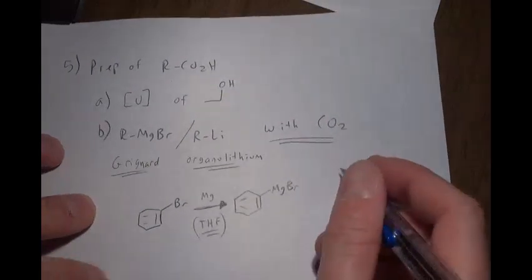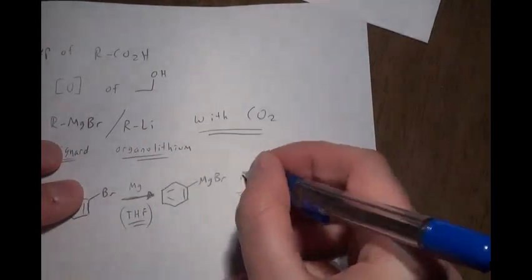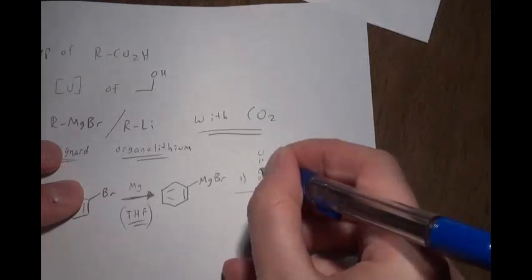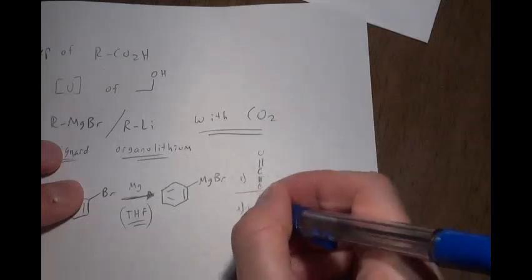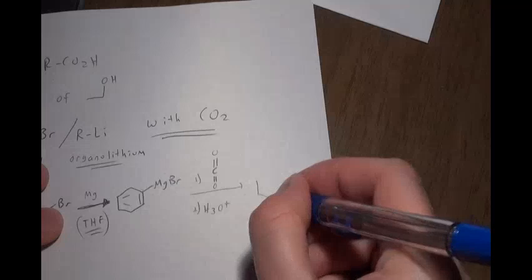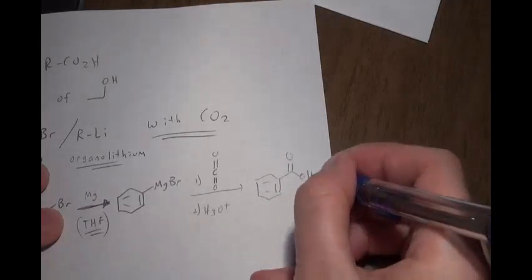Grignard, okay, so if we want to make a carboxylic acid, just react it with CO2, and then H3O plus. And what do we get? Carboxylic acid.